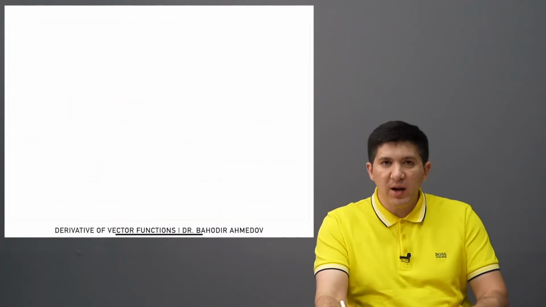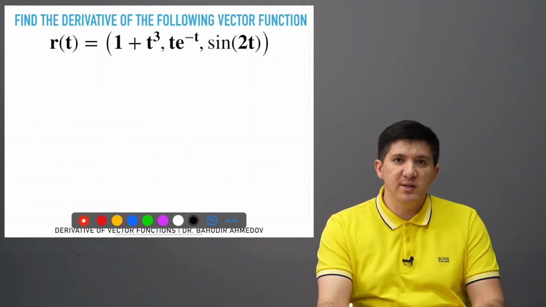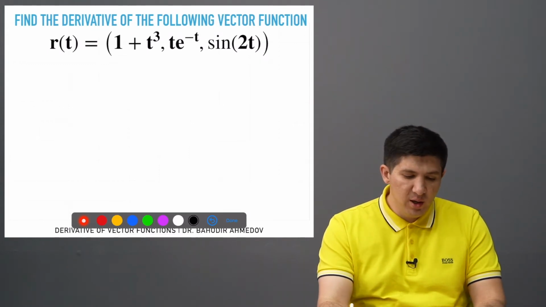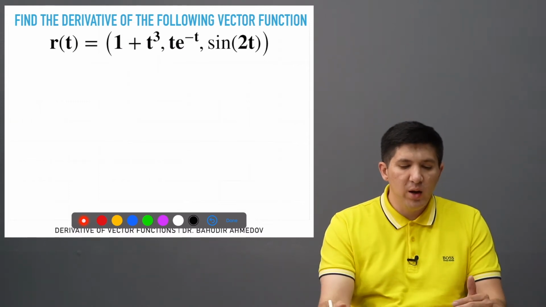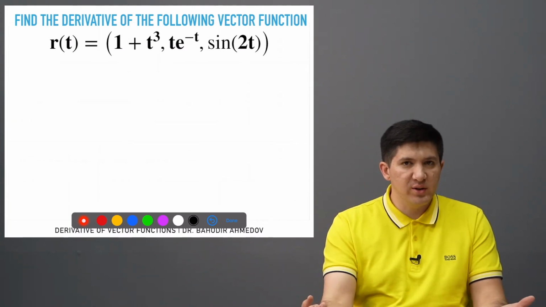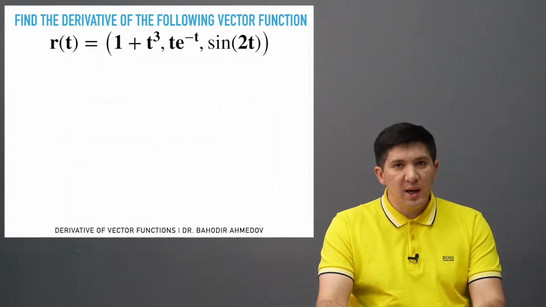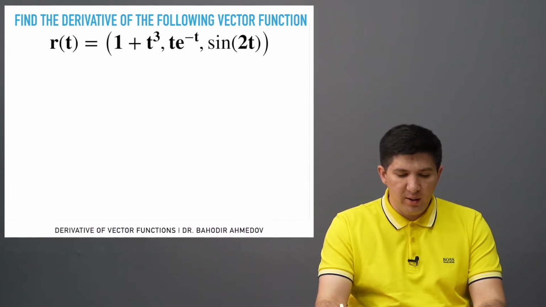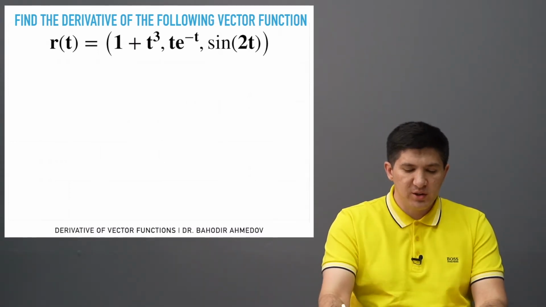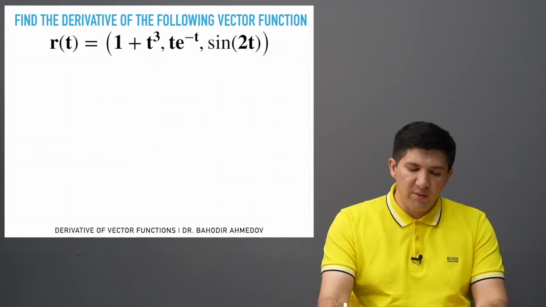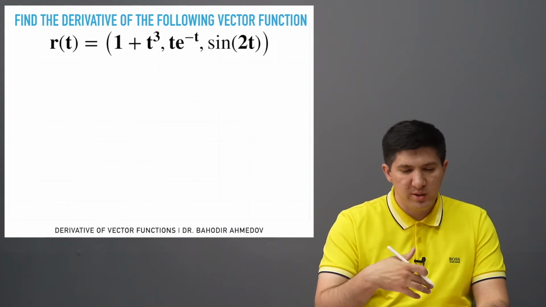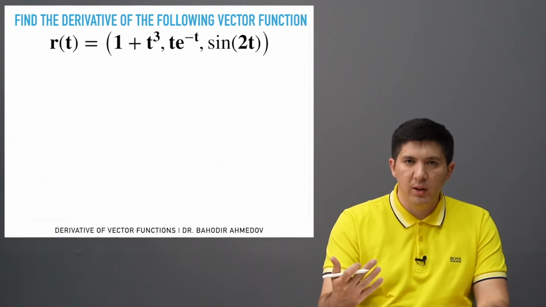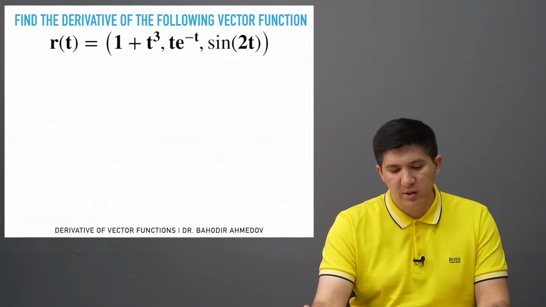So let's do a couple of calculations on tangent vectors and unit tangent vectors. Let's assume that we're given a vector function describing the following curve. We have to find the derivative of this function, and in order to do that, we're going to find the derivative of its components: the first component, the second component, and the third component.